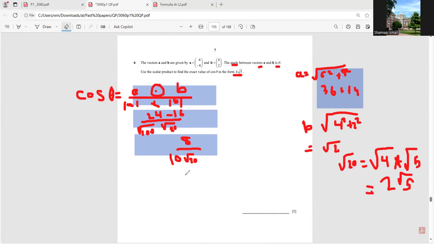So the k here, I'm going to say it's equal to, let's simplify. So here it will be 8 over 20 root 5. From where I get 20, I multiply the 10 by the 2 root 5. Then I kick the root 20.